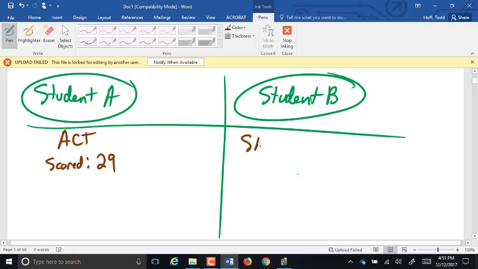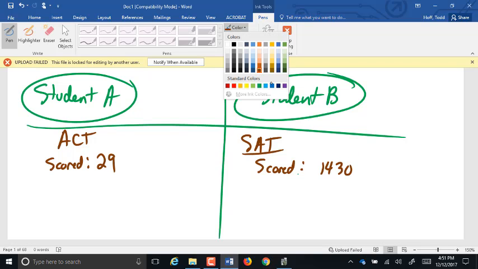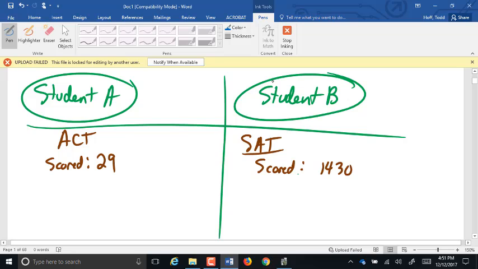Student B took the SAT, and on the SAT scored 1,430. Who had the more impressive score? Well, looking at it, it looks like it's almost impossible to tell, doesn't it?